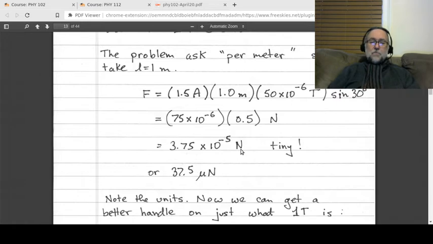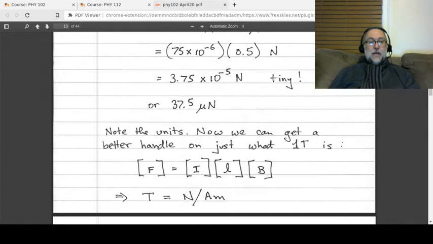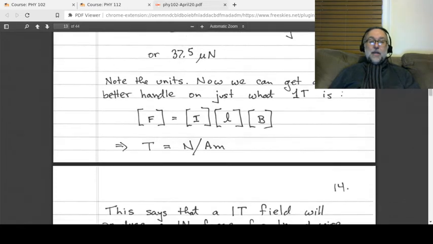Now, at this point, we can actually analyze the units and you get a better idea of what a Tesla is than what I gave you above. If we do a unit analysis of the Lorentz force, here we have force. What's that equal to? It's equal to current times length times your magnetic field, and the sine theta doesn't have any units.